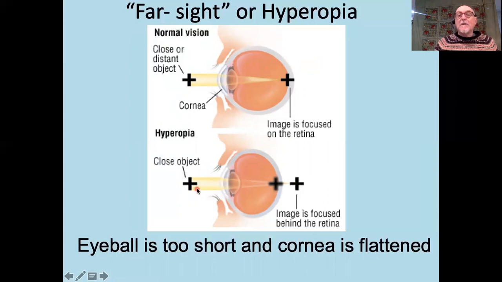And again, if you attempt to look at things and have a sharp image, instead you see a blurred image. And again, this is corrected by lenses placed in front of the eye, either glasses or contact lenses. This far sight, hyperopia, is less common than myopia.